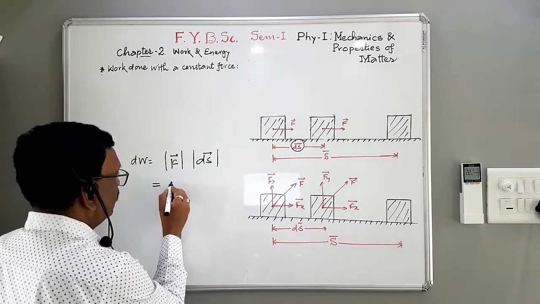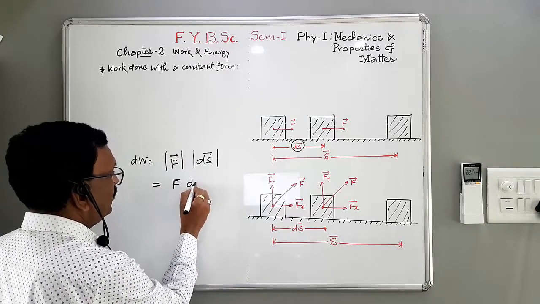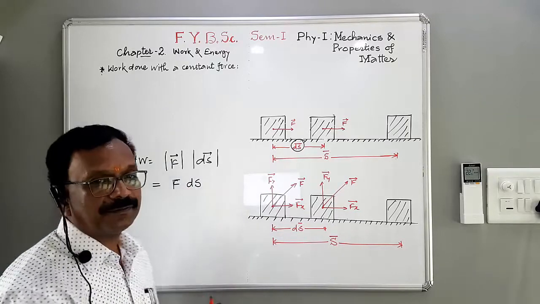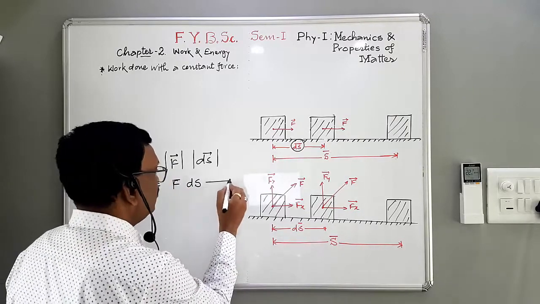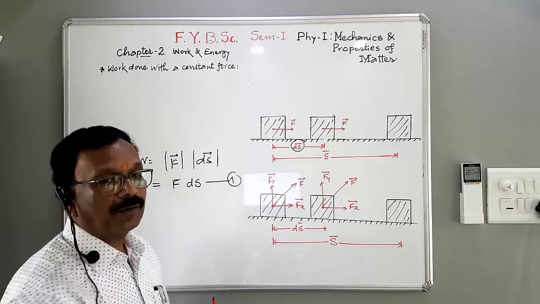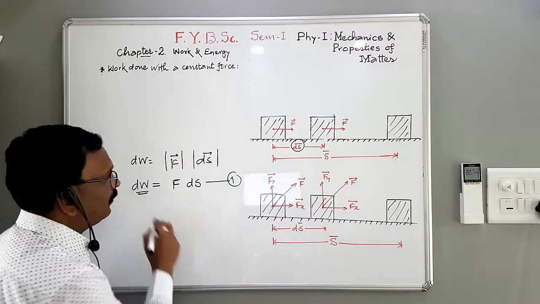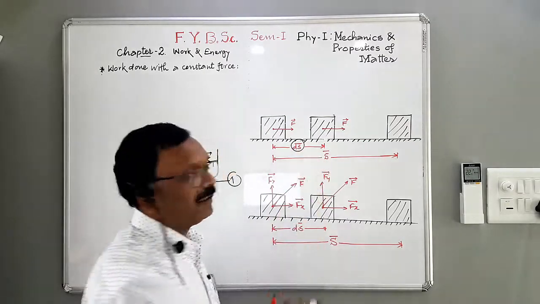That is, dW equals F ds. Suppose this is equation 1. This is the small work done for a small displacement.